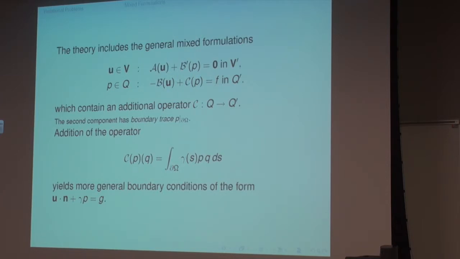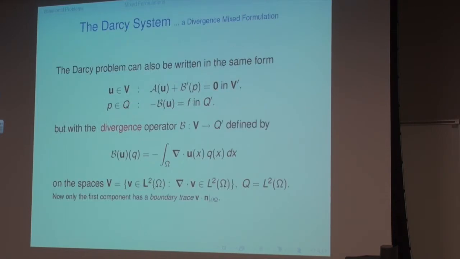This is sort of nitpicking, a way to get fancier boundary conditions, and I don't want to dwell on that. A different way to do it: I did it before with the gradient operator. This time I do it with the divergence operator. I define B this time with the divergence operator. So that's my definition of B. And the B prime turns out to be the gradient plus boundary conditions.